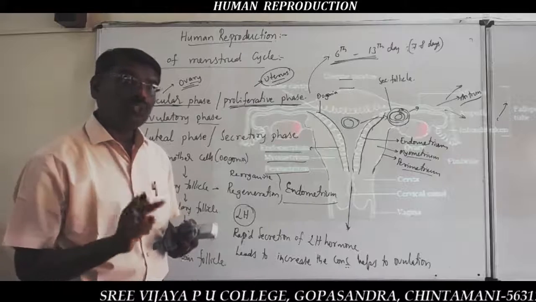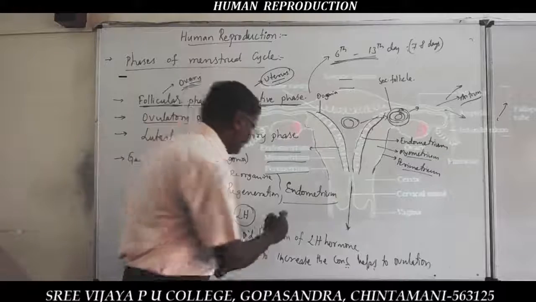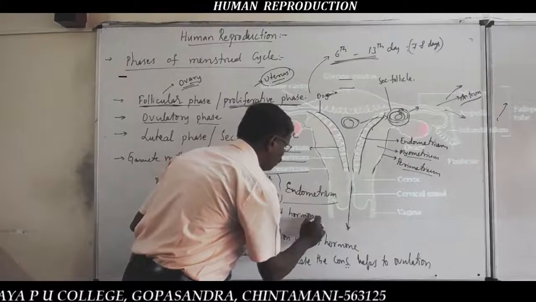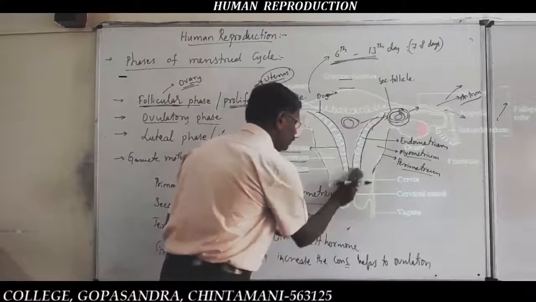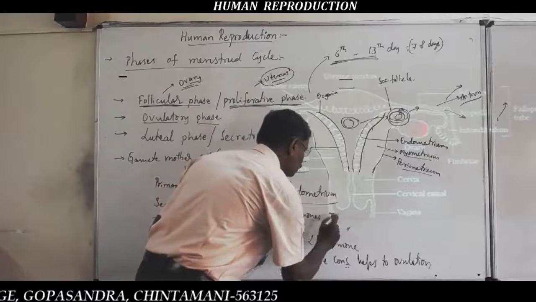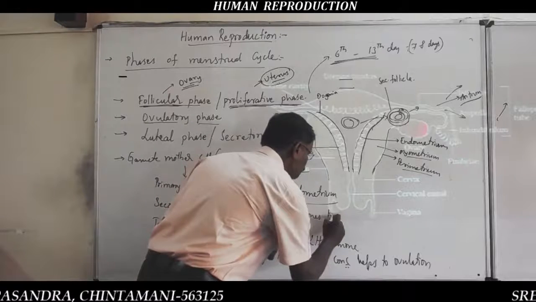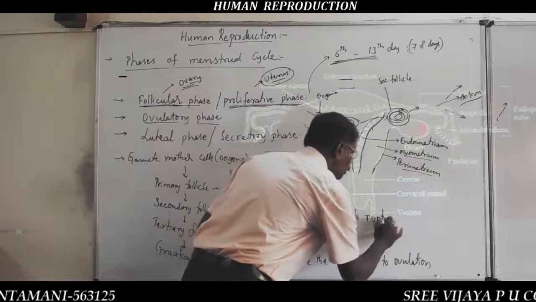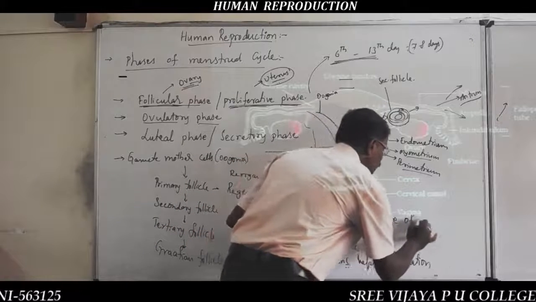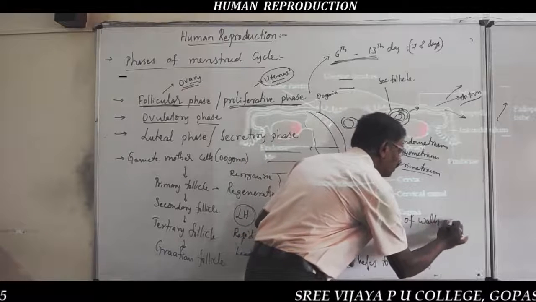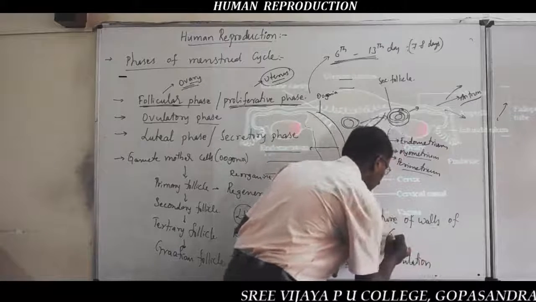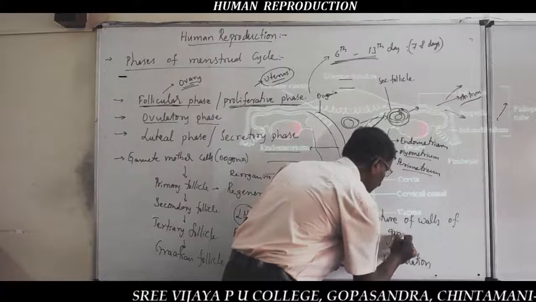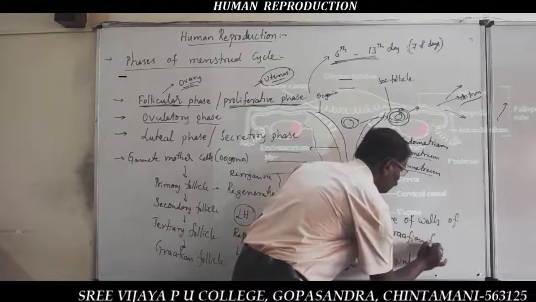So how does it help ovulation? The LH hormone helps to rupture the walls of the Graafian follicle.